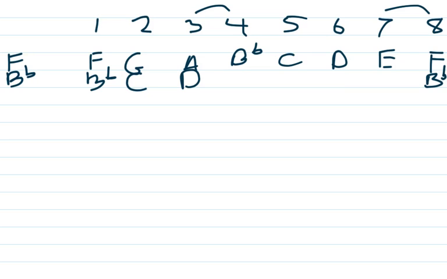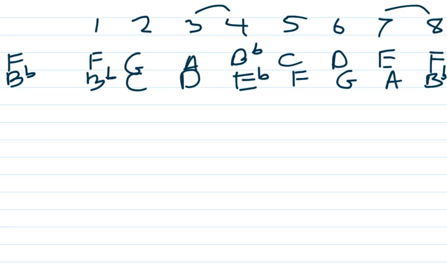So D, you need a half step. So E flat, F, G, A. Is there a half step between A and B flat? Yes, there is. You're fine. The rest of the scale is fine.